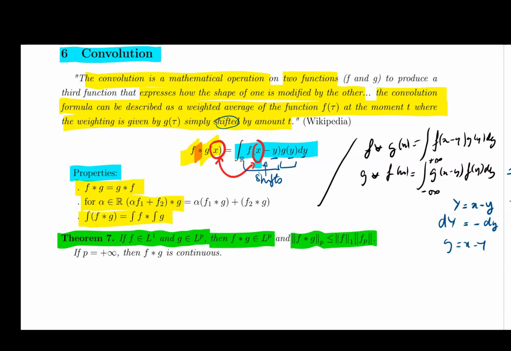Oh, sorry, there is a typo here. That should be the norm p of g. It should be written like this.